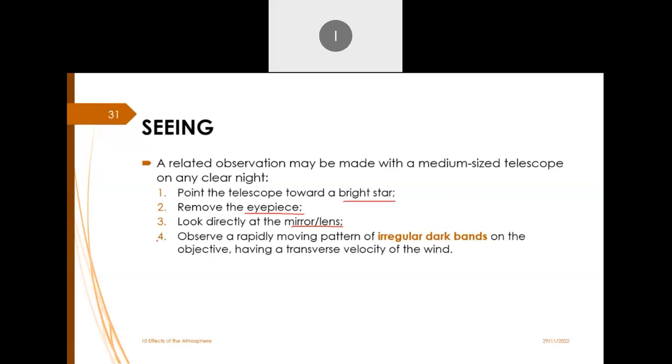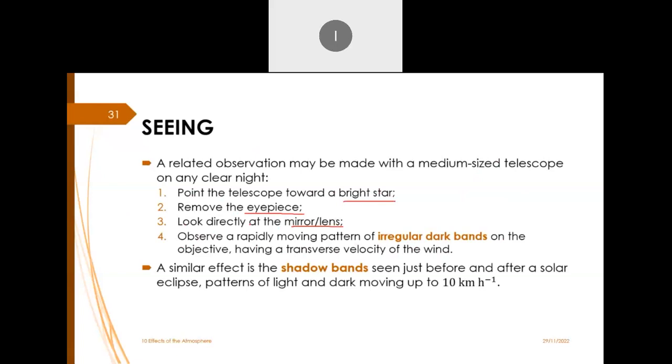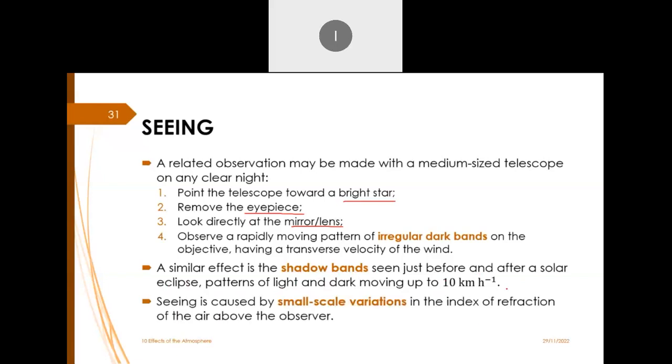These four points are important for observation using a medium-sized telescope. A similar effect is the shadow bands seen just before and after a solar eclipse, patterns of light and dark moving up to 10 km per hour.